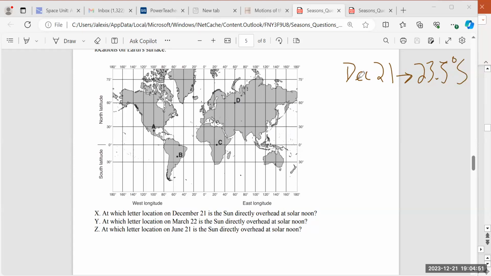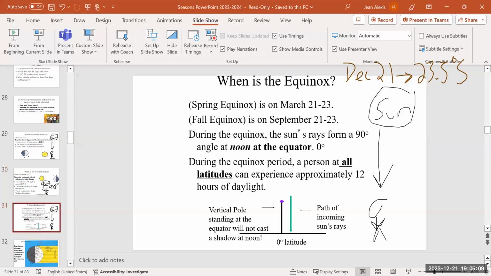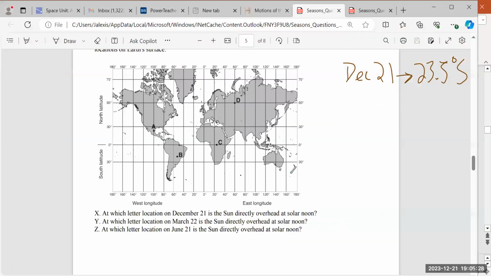Y says, at which letter location on March 22nd is the sun directly overhead at solar noon? Now remember from our notes, which we have to memorize, on March 22nd, right? So anywhere between March 21st and March 23rd, the sun is directly over your head, a 90-degree angle at the equator. So that means we're going to write that down too.